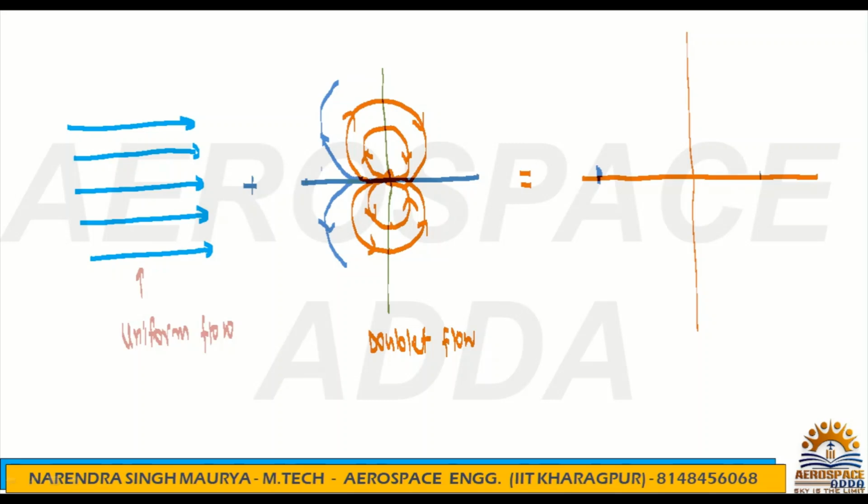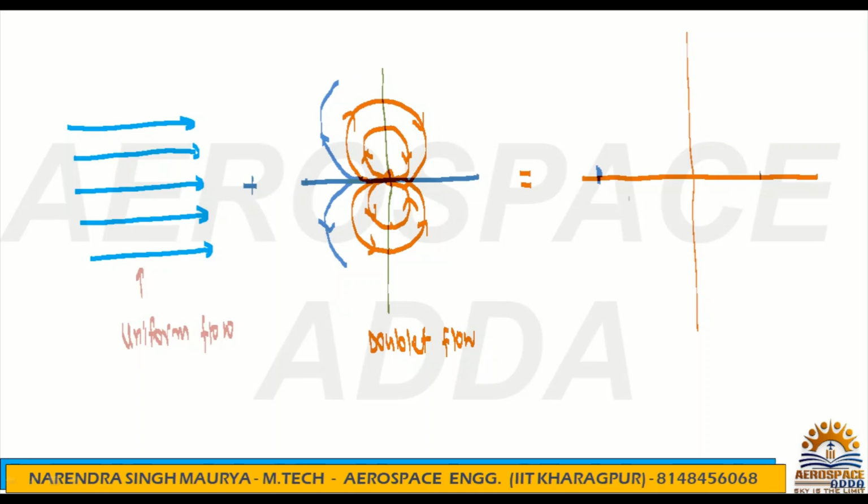Now if the 2a distance approaches 0 for a doublet, the oval shape will be shrinking and will be converted into a circle basically. So just like the Rankine full body you had seen, we have the same for the uniform and doublet combination also.